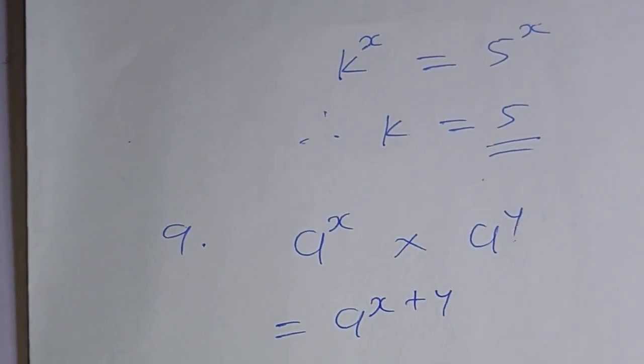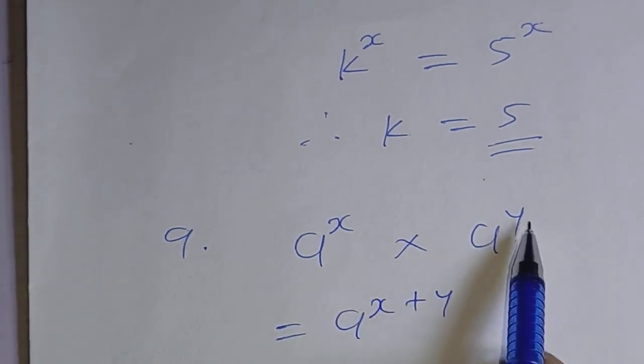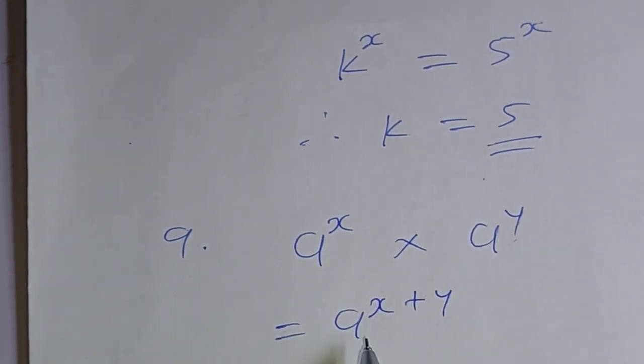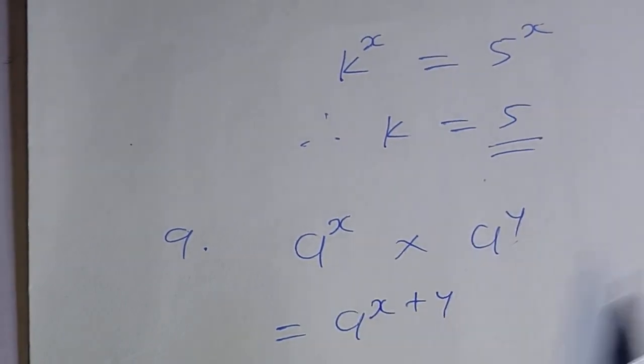That's what the law states. If you have a raised to power x times a raised to power y, then the whole thing is equal to a raised to the power x plus y.